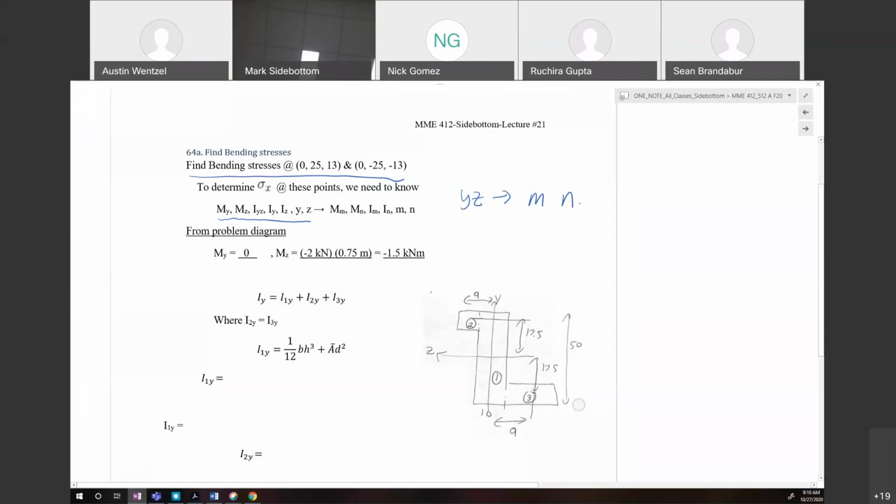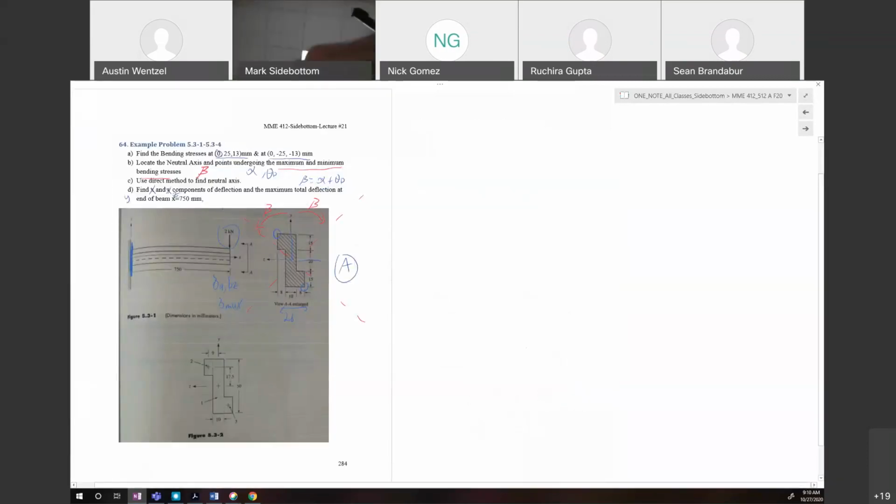From the problem diagram, we were given a load of 2 kilonewtons applied along the negative y-axis. That's going to create a bending moment about the z-axis, equal to the force of 2 kilonewtons times 750 millimeters.